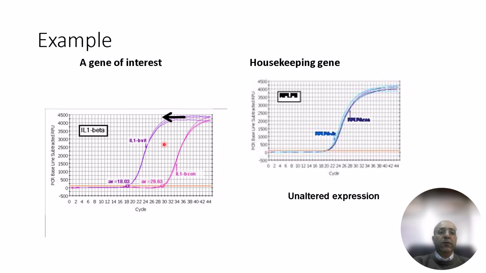Okay, because the RNA or the signal is detected at an earlier cycle, and there is no technical error in terms of the starting material, because when we looked at the housekeeping gene in these two samples, the signal is detected at the same threshold cycle, so we're using the same amount of RNA as the starting material. So I hope that you got the idea.